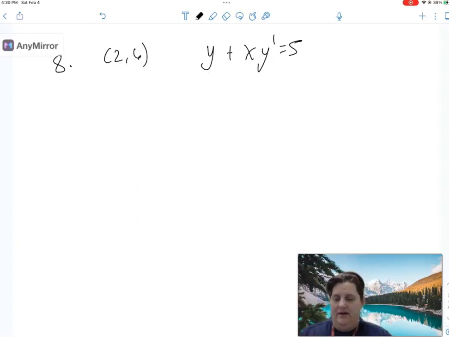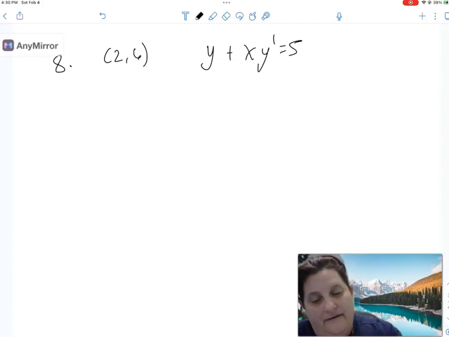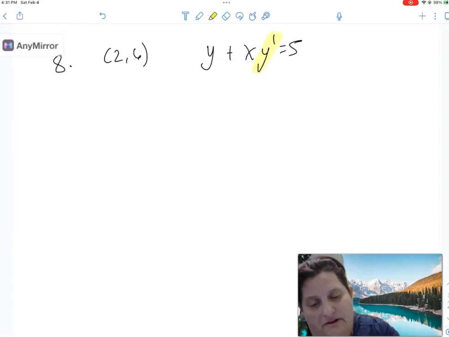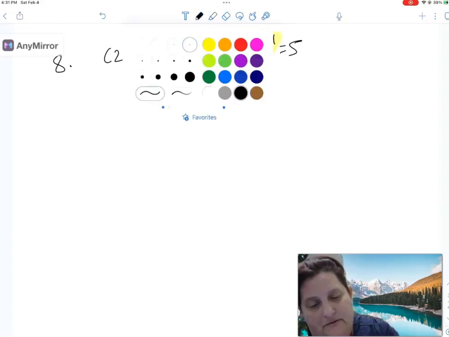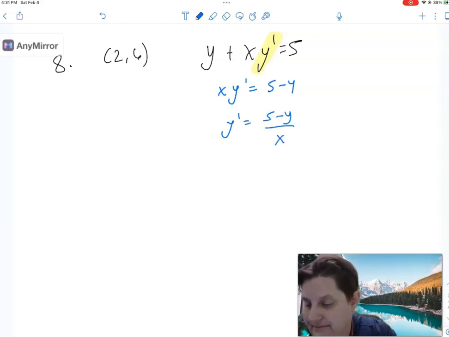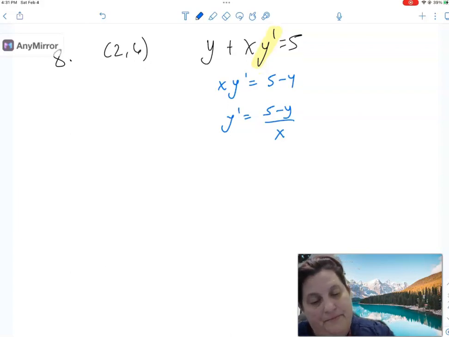This time I'm going to go ahead and find my second derivative, because the second derivative tells me concavity. Let's first just solve for dy dx. I have xy prime equals 5 minus y. So y prime is (5 minus y) over x.